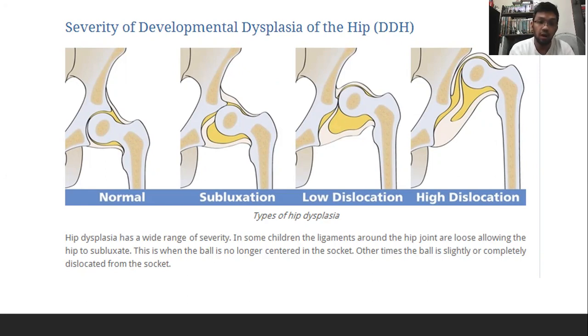For the acetabular type, it still remains in the acetabulum, while for subluxation, it's somehow displaced. But for dislocation, as you can see with this illustration, it is already out of the socket, out of the acetabulum. So there are several forms of this.